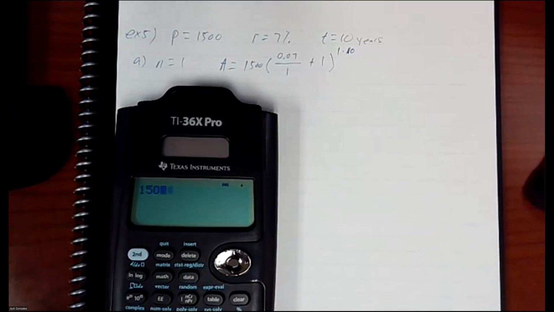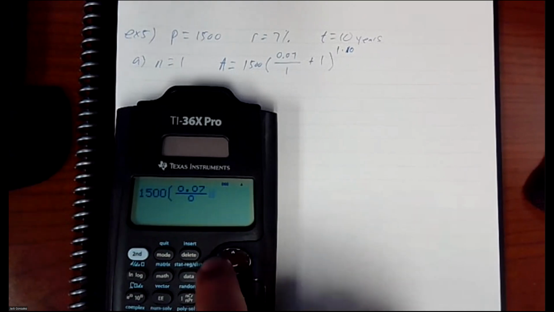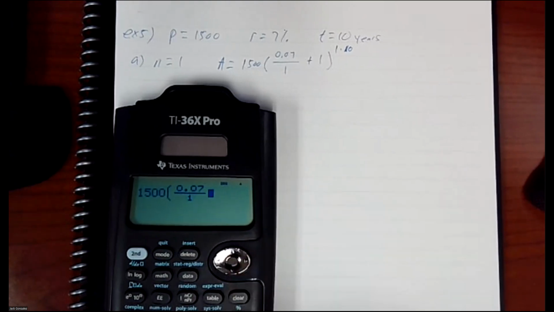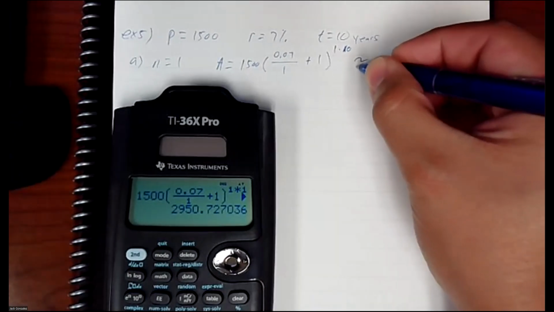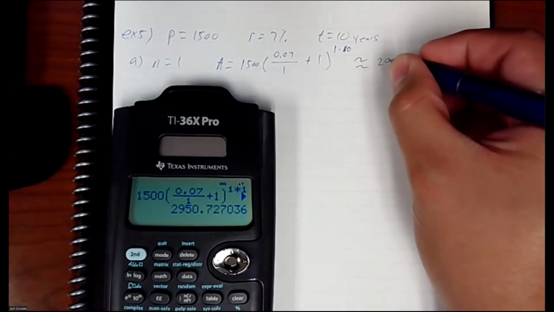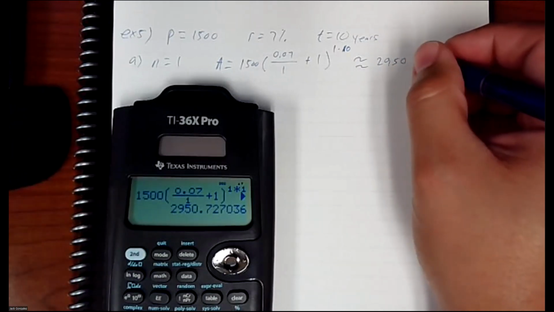So 1500 times 1 plus 0.07 to the 1 times 10. So the first one would be about 2950.73.